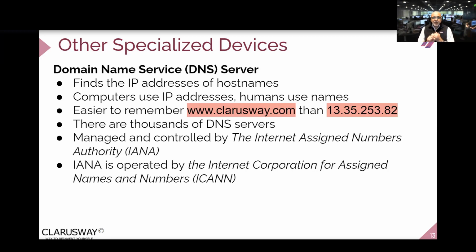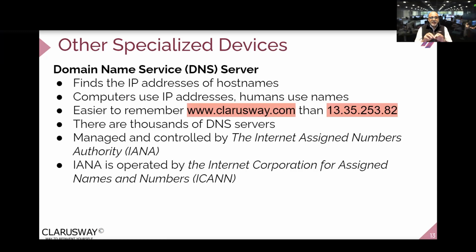Okay, so in order for you to go from a URL, which is for humans, because humans can't remember an IP, to an IP, we have what's called a DNS server, a domain name service server. DNS, very important. DNS servers will convert a URL into an IP, so you don't have to remember the IPs. Okay, so when your web browser wants to go to a particular site, you type in www.mysite.com.